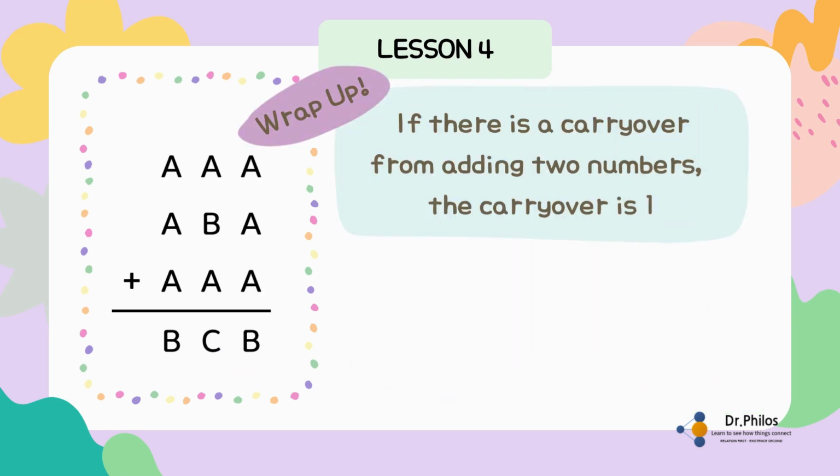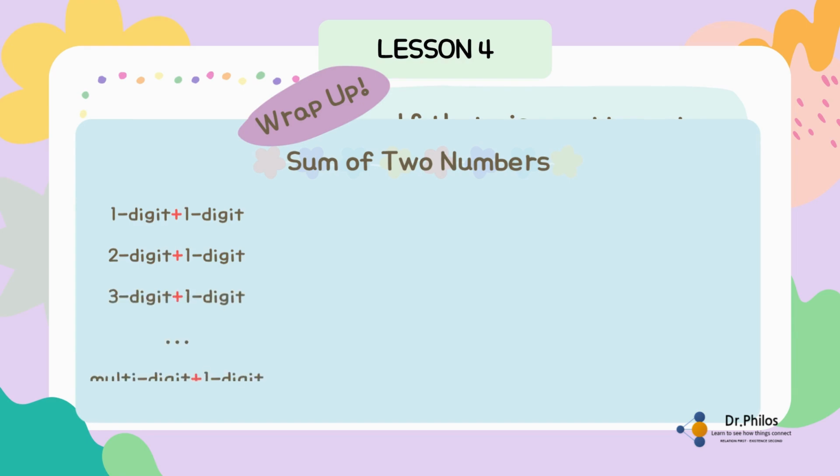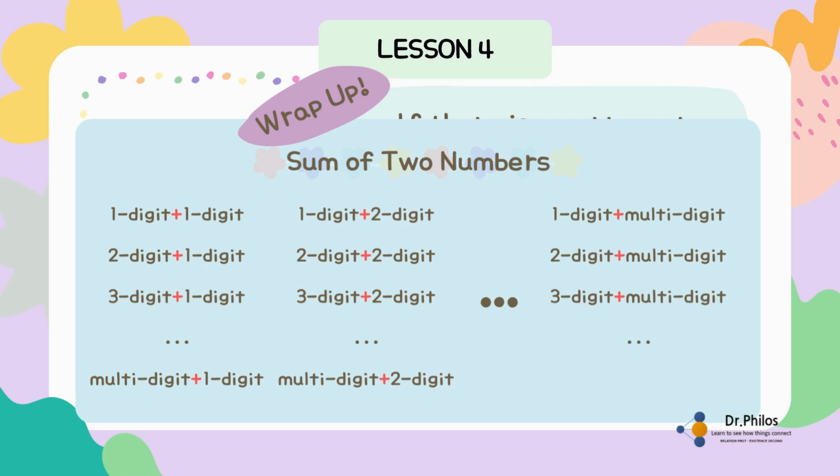Let's look at the statement. First, let's understand the meaning of the sum of 2 numbers. The expression, the sum of two numbers, includes all of the above.